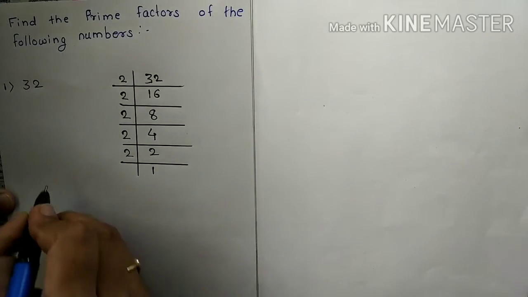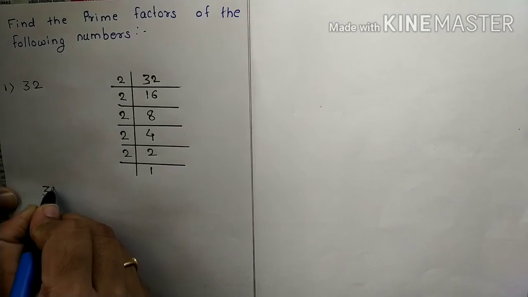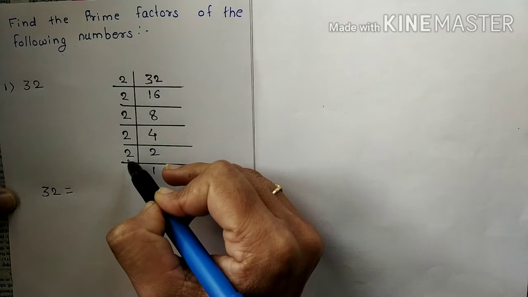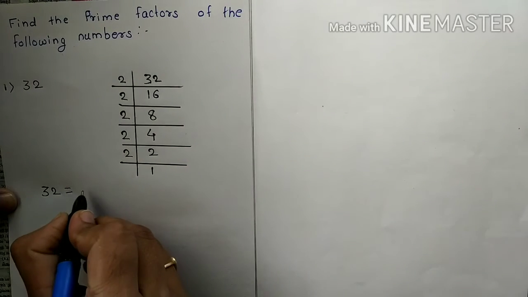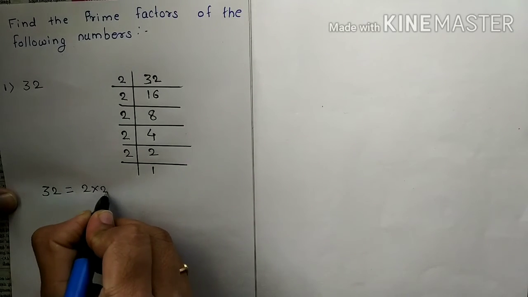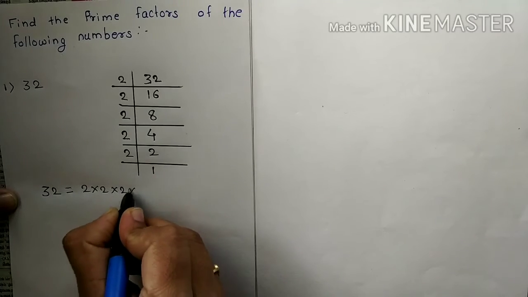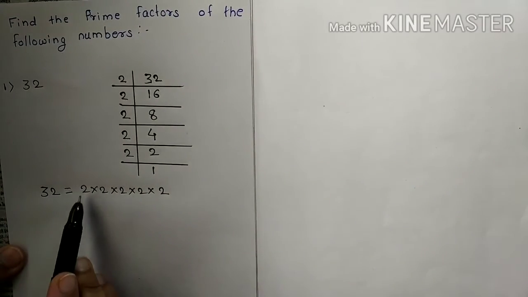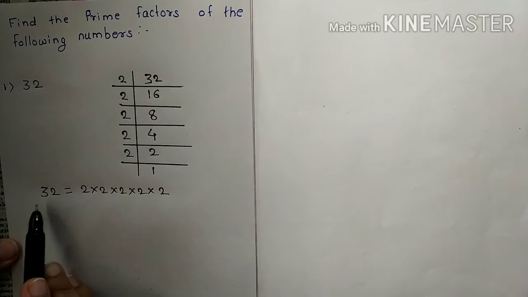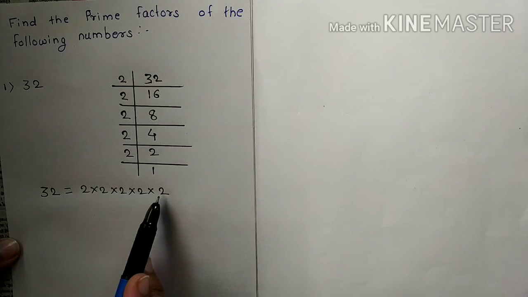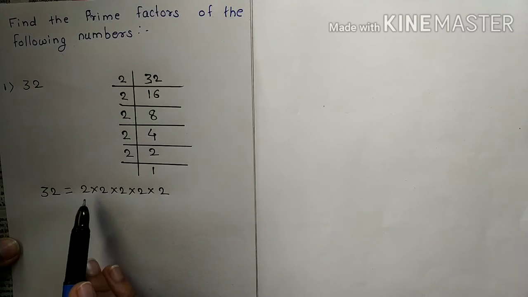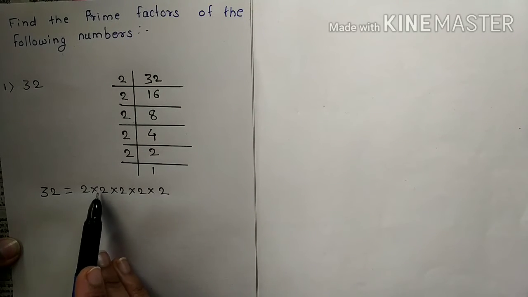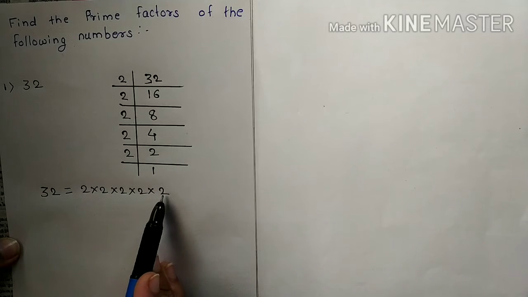So we can write 32 as 2 into 2 into 2 into 2 into 2. These are the prime factors of 32 because 2 is a prime number.